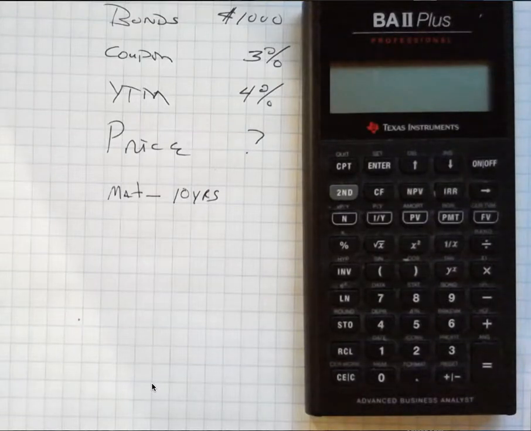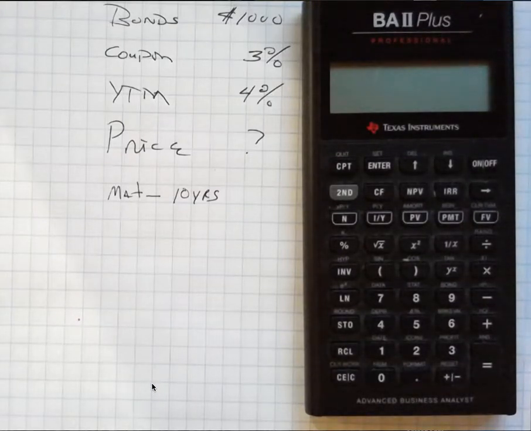Now let's assume that today interest rates have gone up. Well, let's assume interest rates go to 4%. Now what's going to happen? What do you think is going to happen to that bond that you bought that has a coupon of 3%? Would anybody give you $1,000 for that bond?